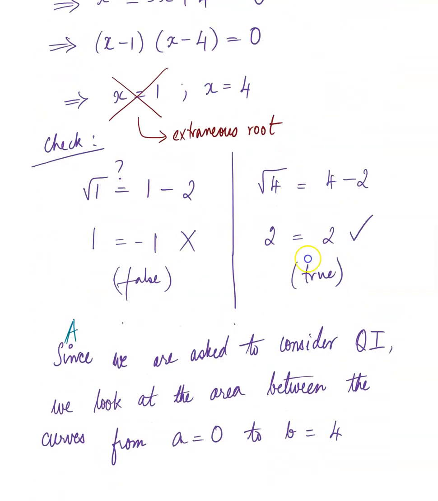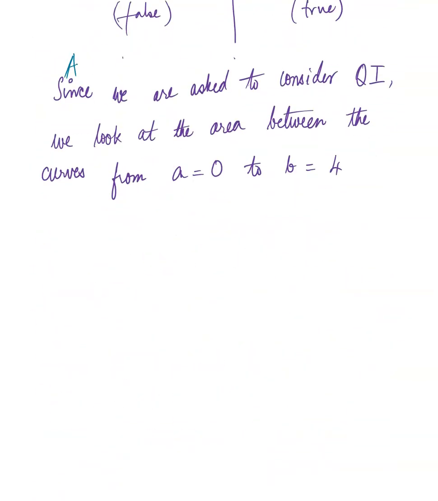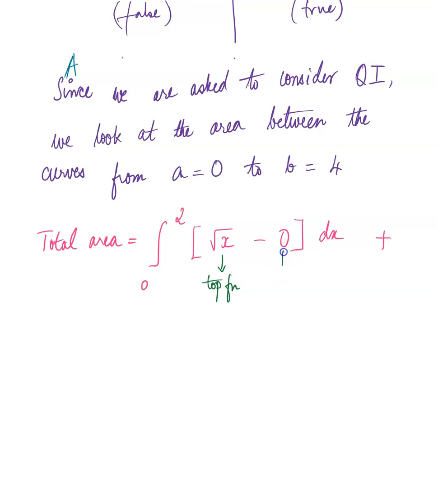So let's write that out here. Total area will be integral 0 to 2 square root of x minus 0 dx plus, just to give you a quick heads up, this was our top function and this was our bottom function. This bottom function is nothing but your x-axis, that's why it is y equals 0.